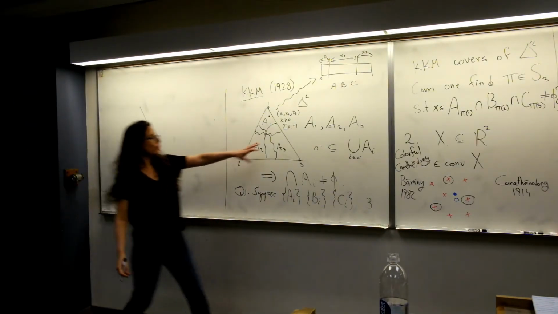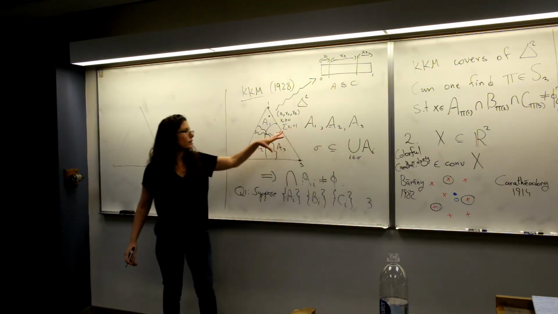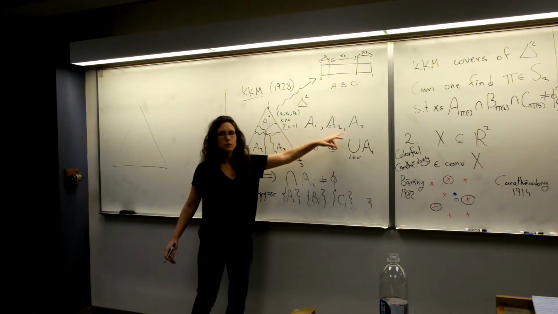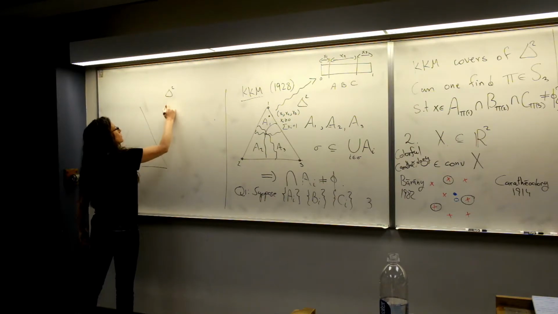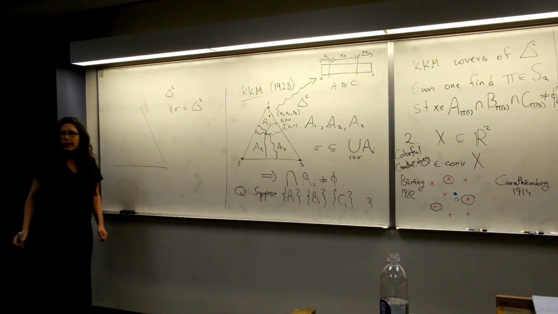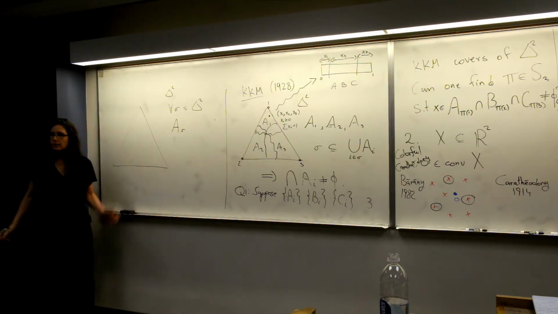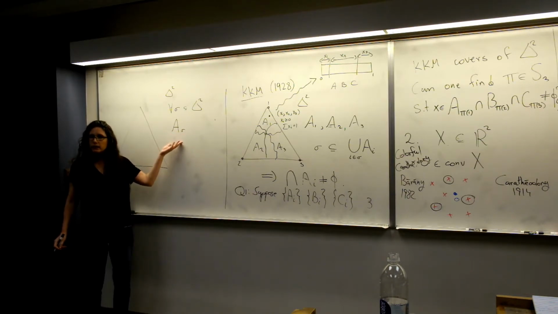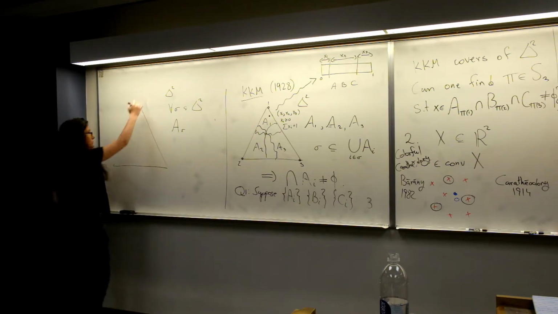And remember before we had the closed sets A1 to A3 that were indexed by the vertices. Now for each face of delta 2, for each sigma face of delta 2, we have a closed set A sigma. Okay, so we have closed sets indexed by the faces of delta 2.